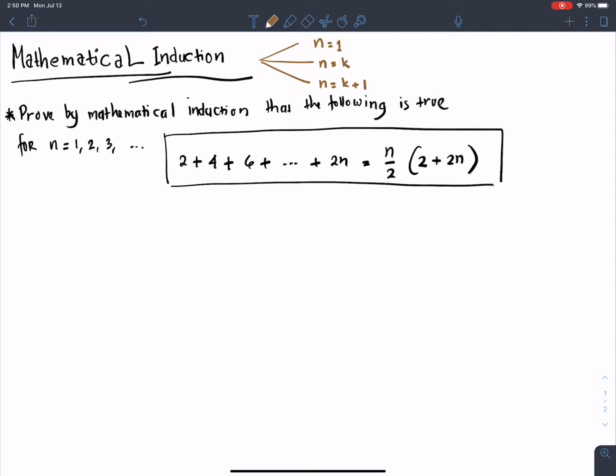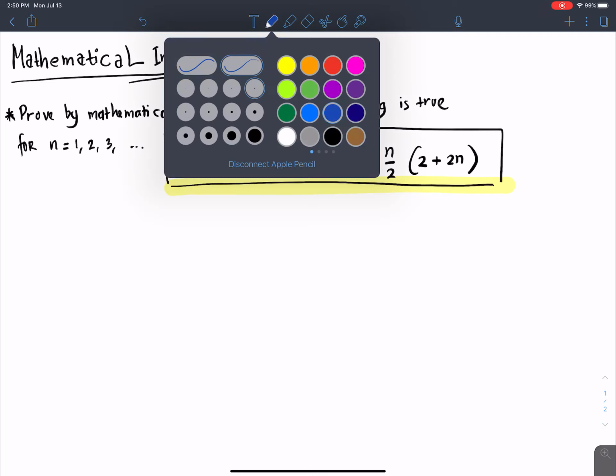Okay, so as we see over here, we already have the model. Quickly we can check that this is an arithmetic sequence, as we see the difference between one term and another.